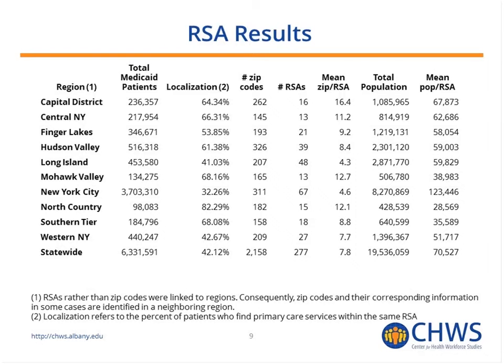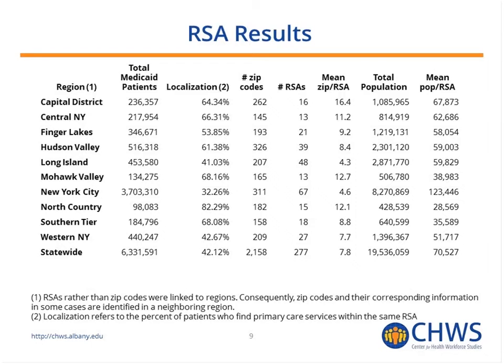Some of the guidelines are that you don't want too large of RSAs. We had one or a number of RSAs that span multiple counties, and that may be too broad. Even Dr. Goodman talked about that in his research, that sometimes when the RSAs are too large, you lose the localization of how they travel for care. So we wanted to limit that.